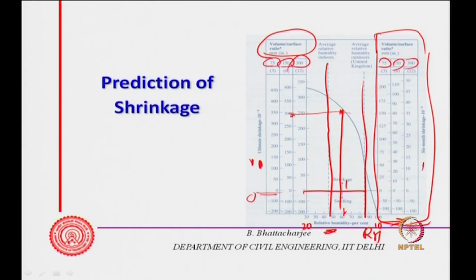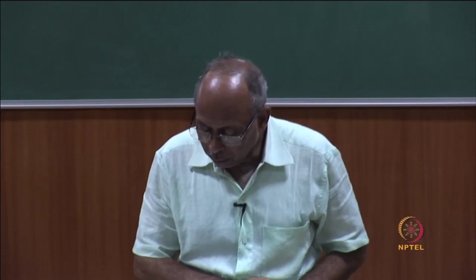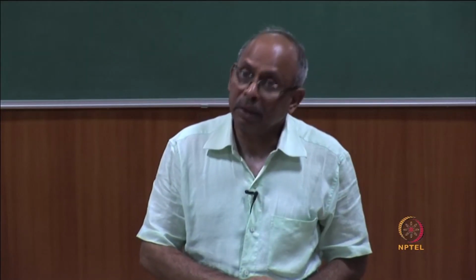So, this is ultimate 300, 6 months will be somewhere here, which is about 80. So, for 60% relative humidity, if I have a volume to surface area ratio close to 150, I will have 300 microstrains after 30 years, while I will have about 80 microstrains after 6 months.